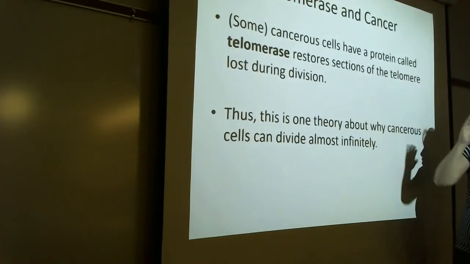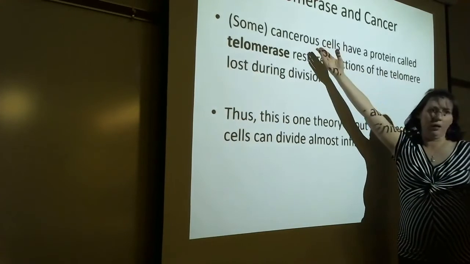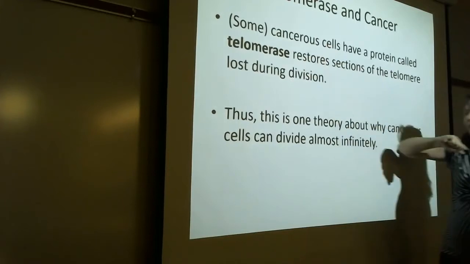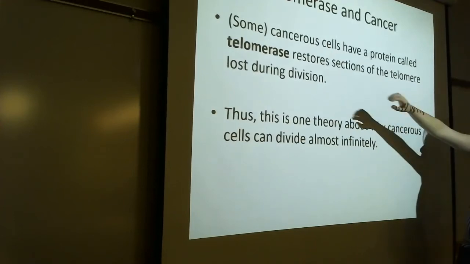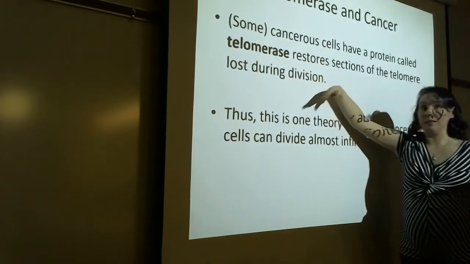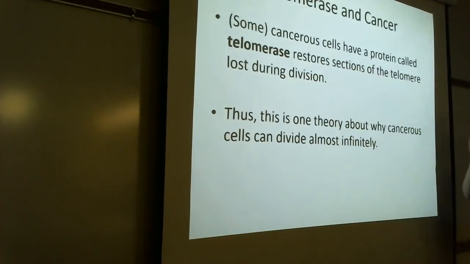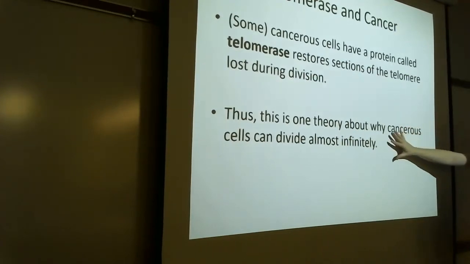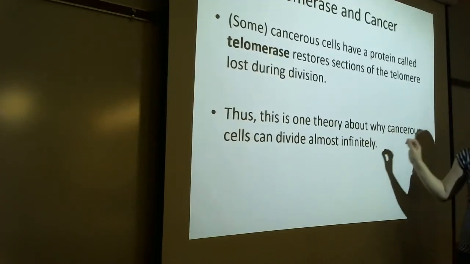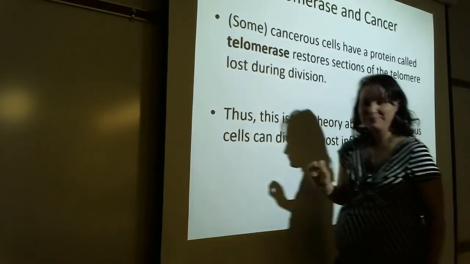Now, I have to say some and not all, because are all cancers the same? No, of course not, right? So that's one theory about why cancerous cells can divide forever, because they can stick that telomere back on. Again, this is just one out of many theories on some cancers. Have to have a big disclaimer when we're talking about cancer cells.